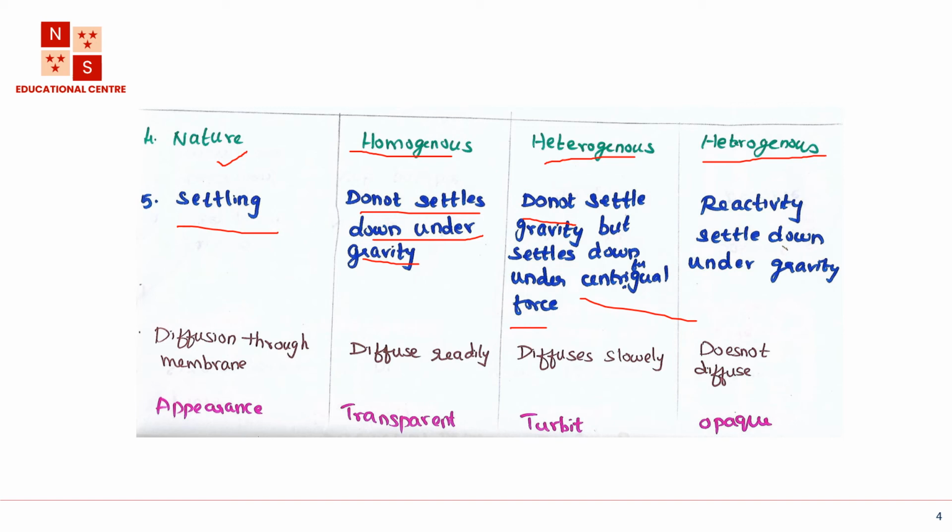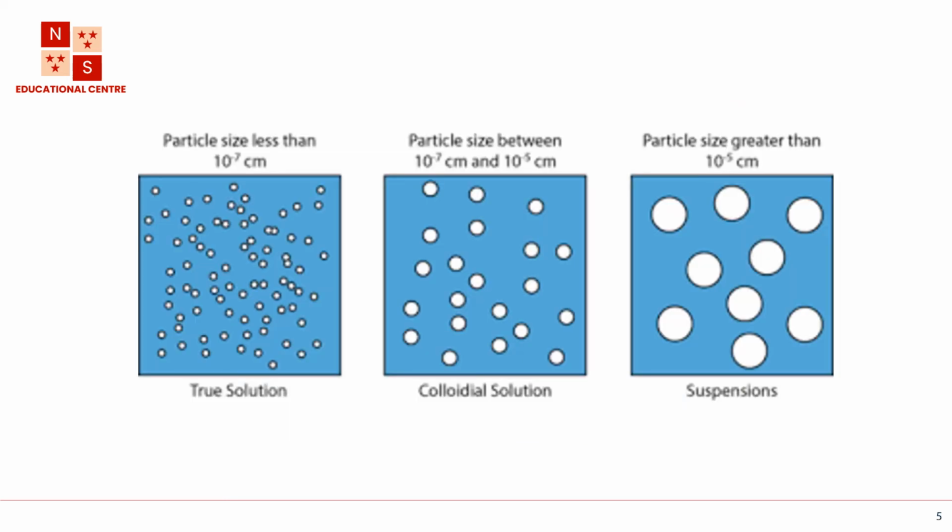Diffusion through a membrane: it diffuses readily, it diffuses slowly, it does not diffuse at all. Appearance: transparent, turbid, opaque. So this is about the true solution, whose structure is extremely small.